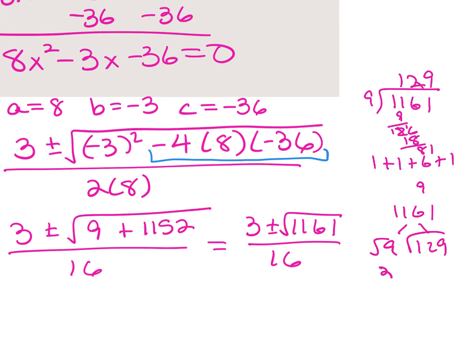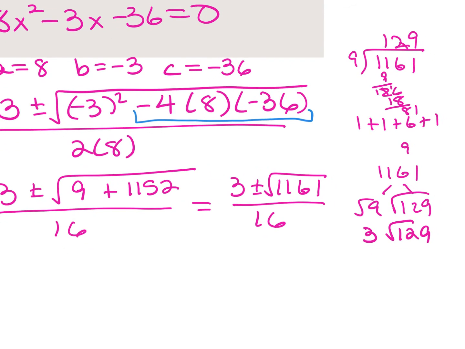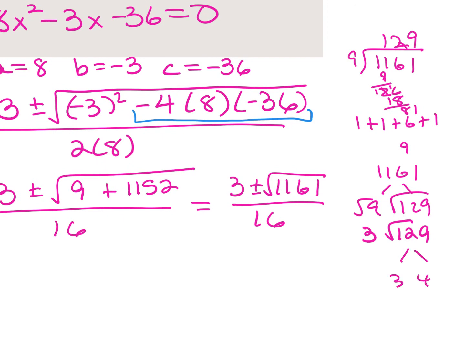So then now this simplifies into 3 square root 129. 129's not a perfect square factor; I can't break it down because if I add 1 plus 2 plus 9, that's going to give me 12. 3 goes into it, but 9 doesn't. So even if I try to break down 129 and divide it by 3, this actually breaks down into 3 and 43.